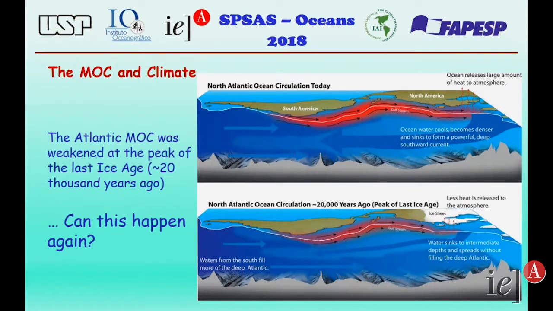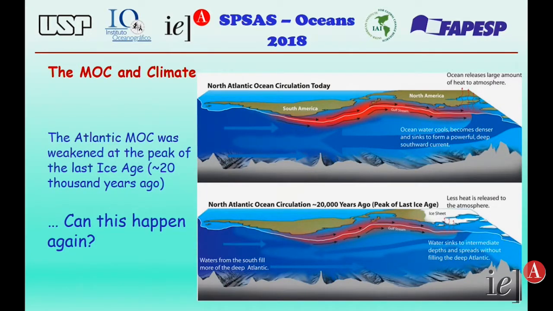And if you interrupt this connection, you don't bring this bug to the Atlantic anymore. And that's what they found. They found that 2,000 years ago, there was an interruption of the Agulhas leakage, and for that reason, the Thermohaline circulation was weakened, almost disappeared.